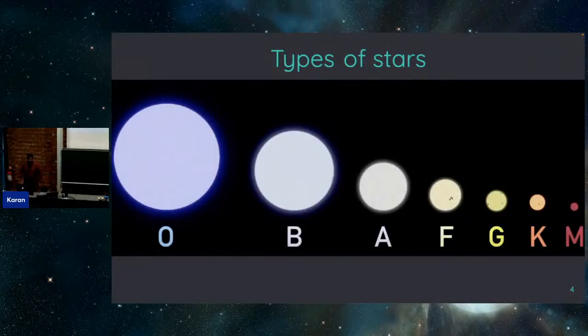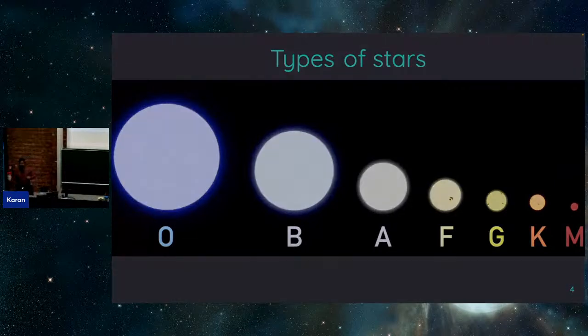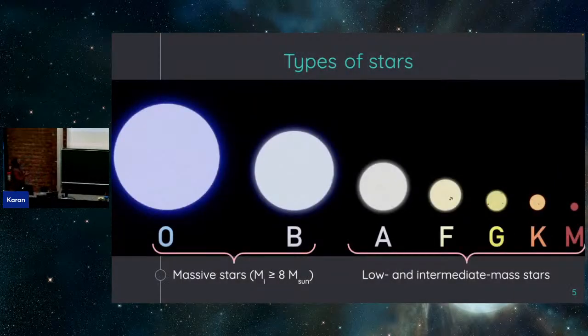The colors and also the luminosities of the stars mean that they come in different sizes, and we classify them according to letters that we have assigned to them. You have O and B stars that are quite massive.